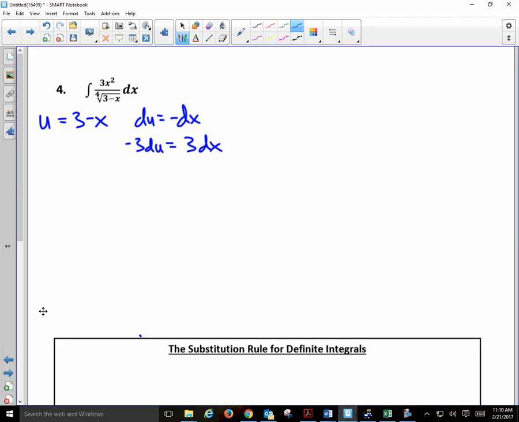So if I write negative 3 integral du, what I could get rid of is the 3 and the dx. And here I have a 3 minus x, so I can put u in there, and I have u to the 1/4 power, right?